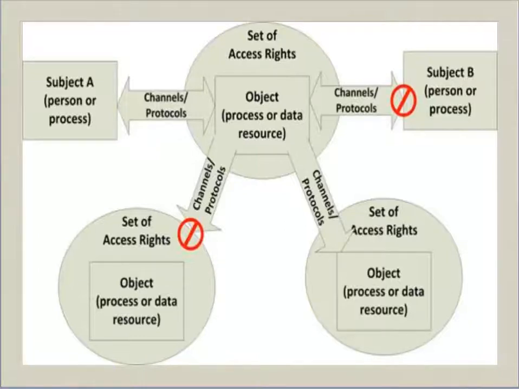So if an attacker took control of a system and tried to access another system over a channel that was not allowed by access rights for the owned object, it will fail. So what we've done is we've eliminated one attack vector for the attacker. We've limited what the attacker can get to based on process access rights.